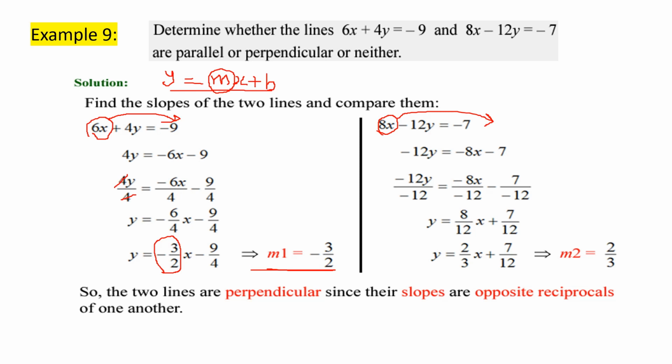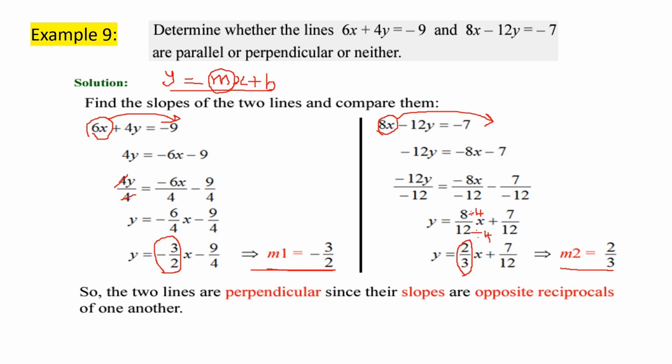As students, I think you know, 8 and 12 will be divided by 4: 8 divided by 4 is 2, and 12 divided by 4 is 3. This gives you 2 over 3x plus 7 over 12. When you compare with the general form of slope intercept, in the place of m we have 2 over 3. This is the second line, so m2 equal to 2 over 3.